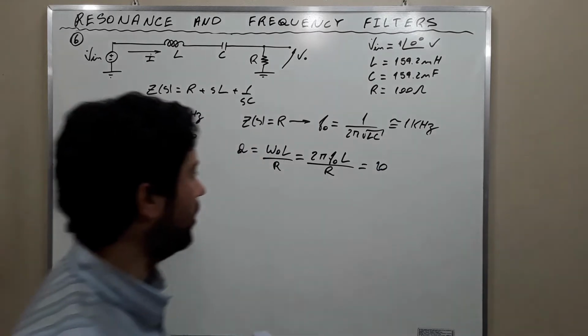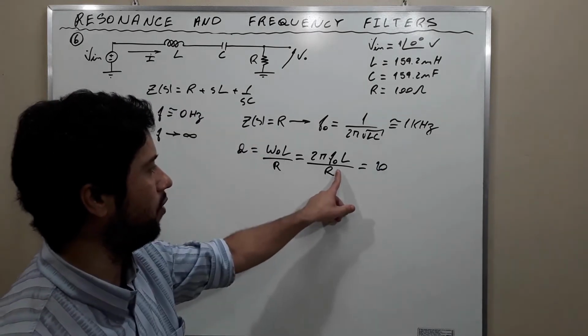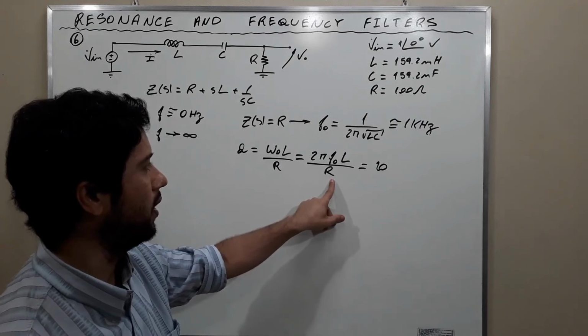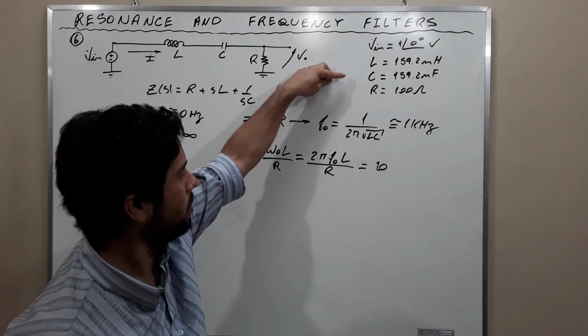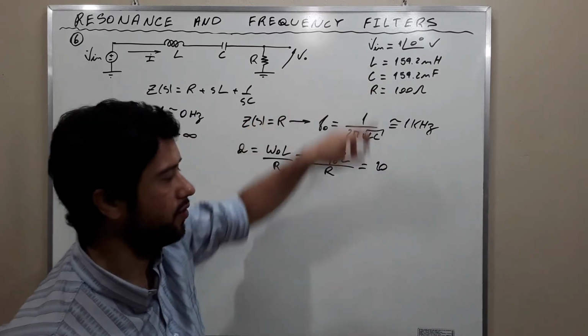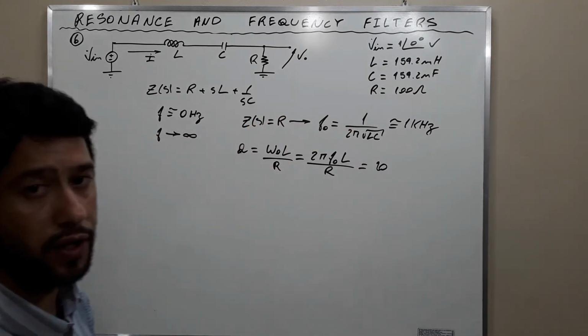Okay? If we use the values of F0, L, and R, we already know them. F0 is this, L is this, and R is this. Then we find the quality factor equal to 10.